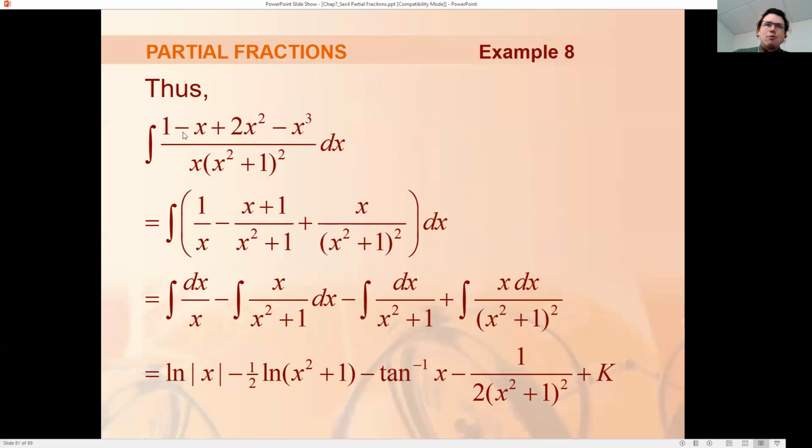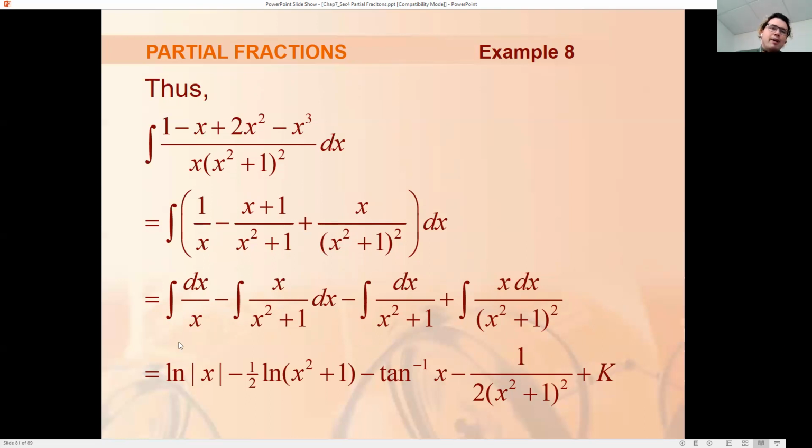So this rational function breaks down into these terms: 1 divided by x, minus x plus 1 over x squared plus 1, plus an x divided by x squared plus 1, which is then squared. As before, I'm going to break down each of those pieces.